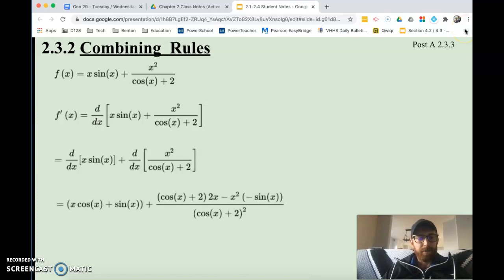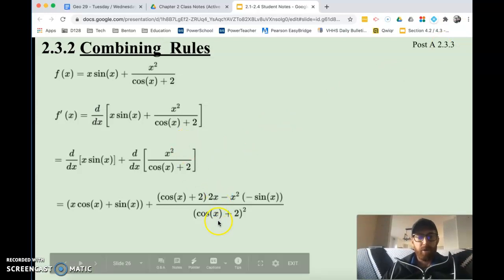When I take the derivative of the first part, I'm left with: leave the first alone times the derivative of the second, plus leave the second alone times the derivative of the first. Derivative of x is just 1. And then remember, our quotient rule is low d high minus high d low over low squared, and you're good to go. Or low d high minus high d low over low low.